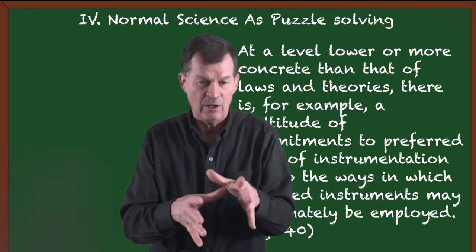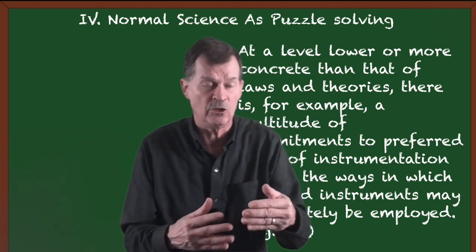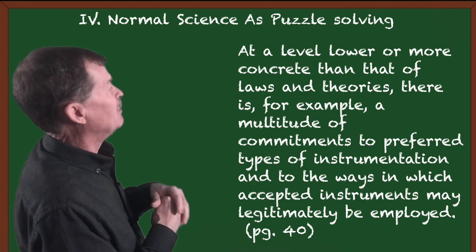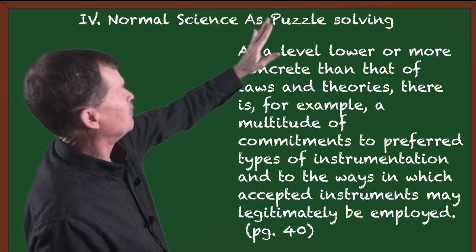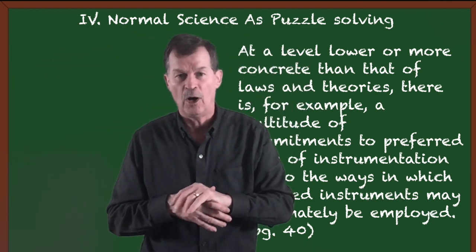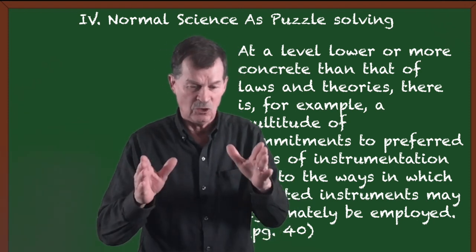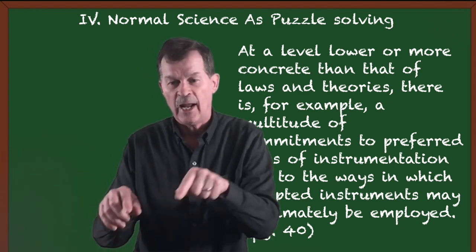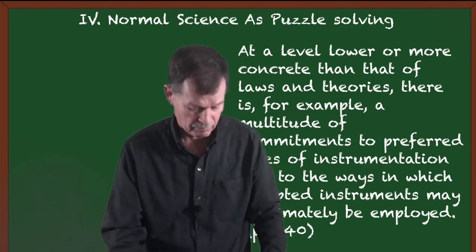And so it's a very controlled community. It's a very controlled research project. And so this is what he's saying, that what we're looking at is normal science as problem solving. And it's not just going out there and looking for a problem and offering whatever solution you might come up with. It's looking at the problems generated by that paradigm and looking for a solution to that problem within that paradigm.